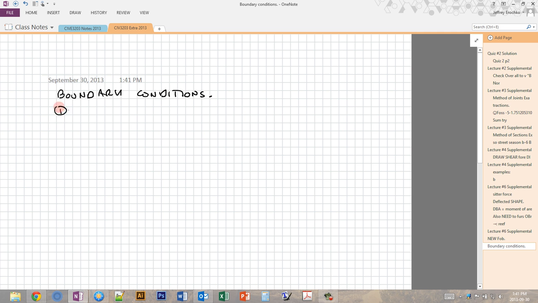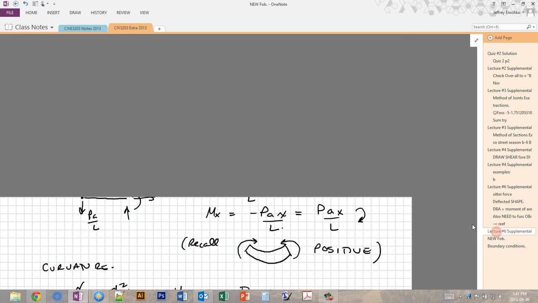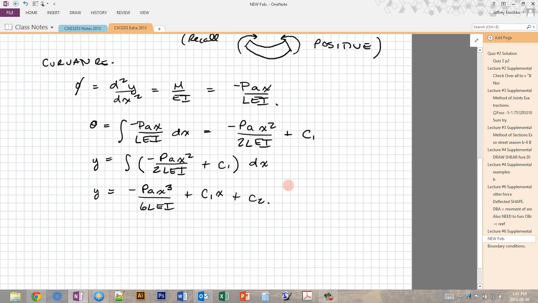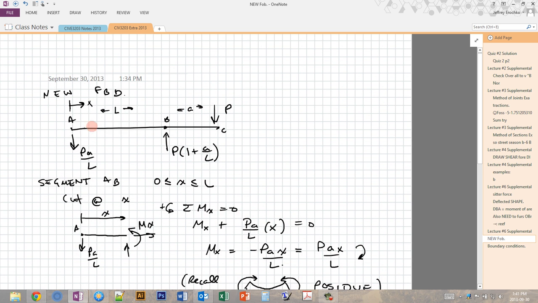Okay, so we know two boundary conditions for this part of the beam. The first one is that at x equals 0, where the pin is, we have 0 displacement. So y is equal to 0. And then at this roller, when x equals L, which is the x position of this roller, the y is also 0 because it can't displace up and down.